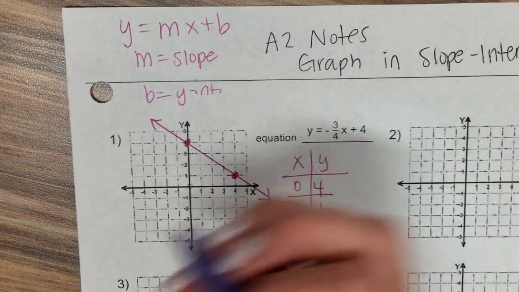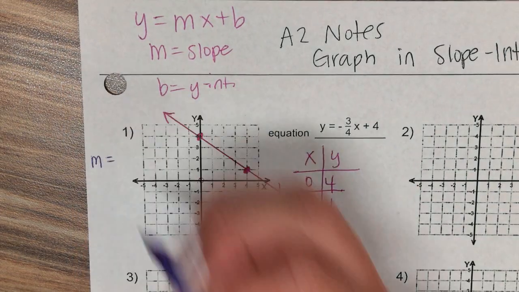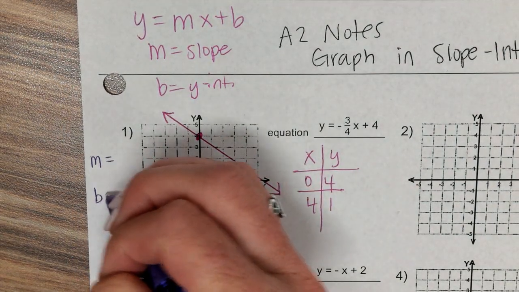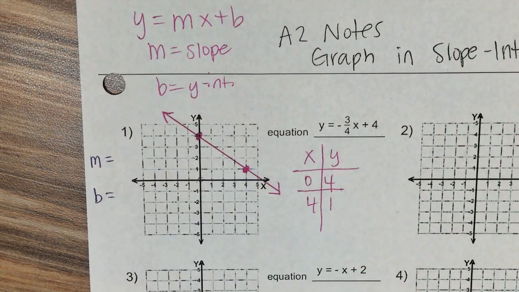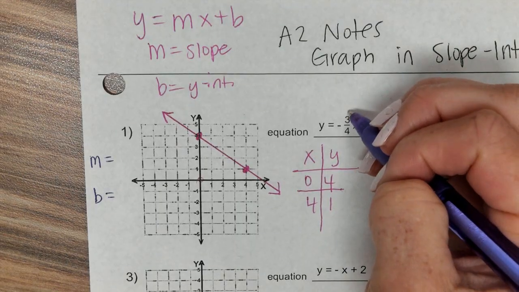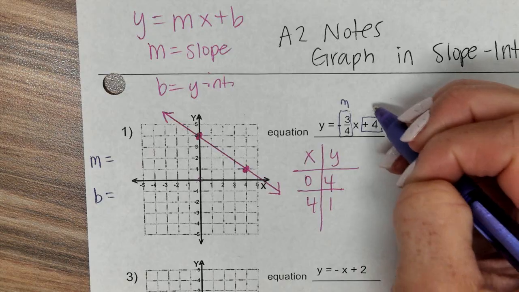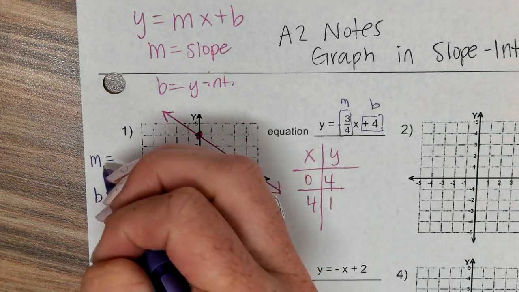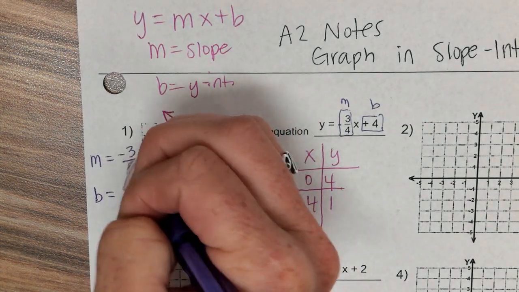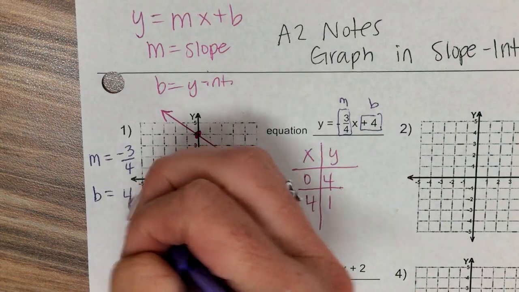In this equation, there is a slope, an m, write this down, and a y-intercept, a b. This is the slope, that's your m, and this is the b, the y-intercept. So write it down. The slope is negative 3 over 4, and the y-intercept is 4.